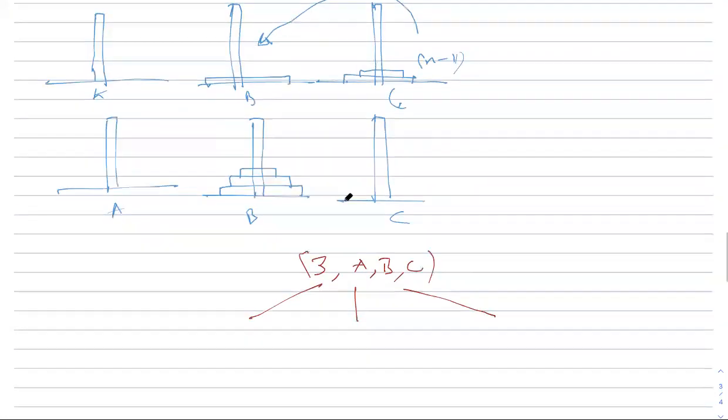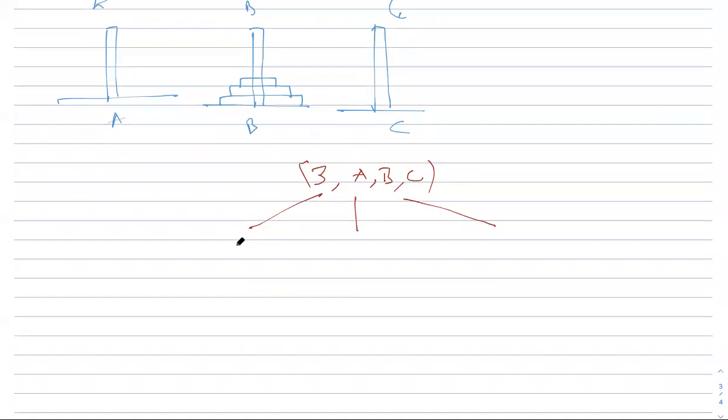That was the basis, right? So 3 was greater than 1. So therefore this gets decomposed into what? This becomes 2, going from A to C through B. That is the recursive call, right?